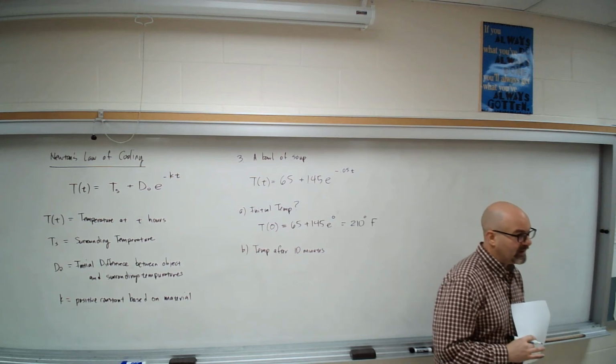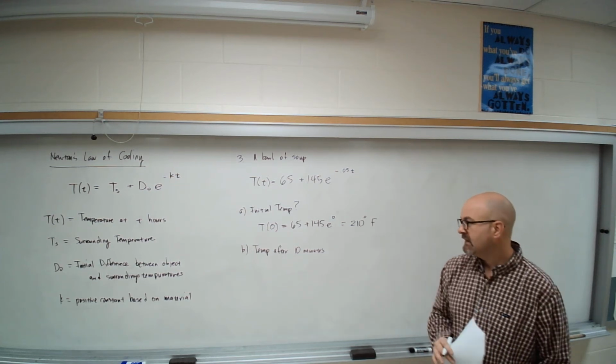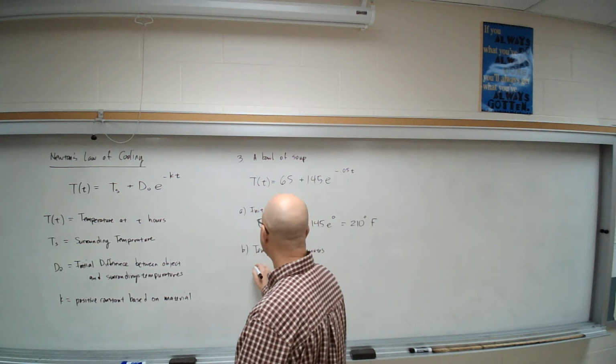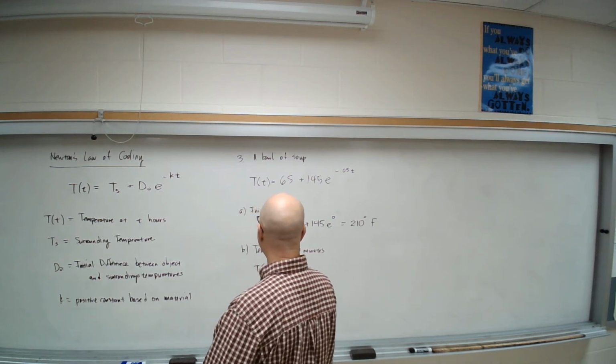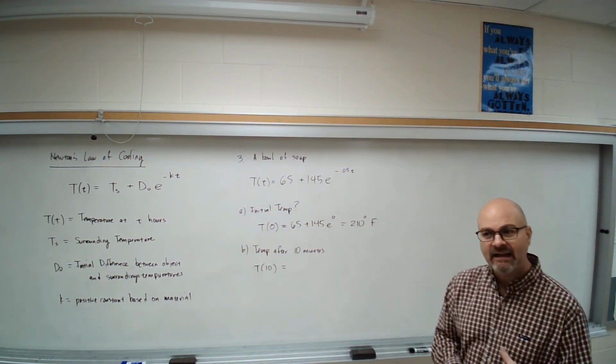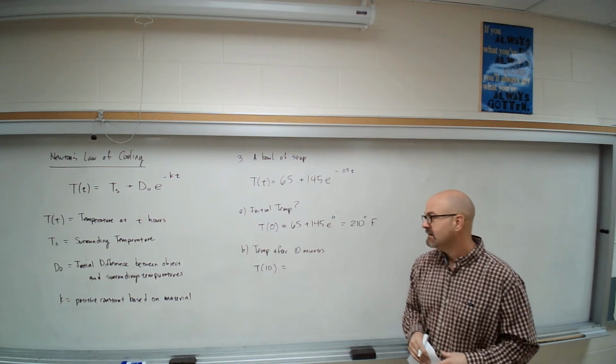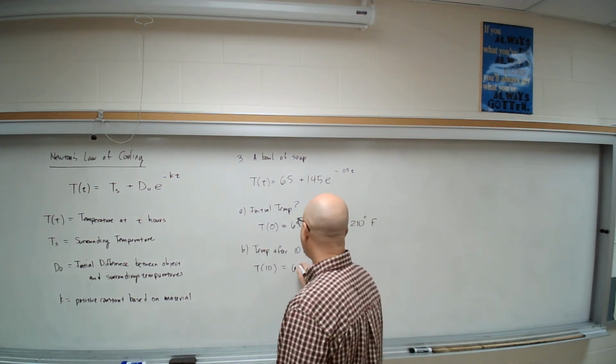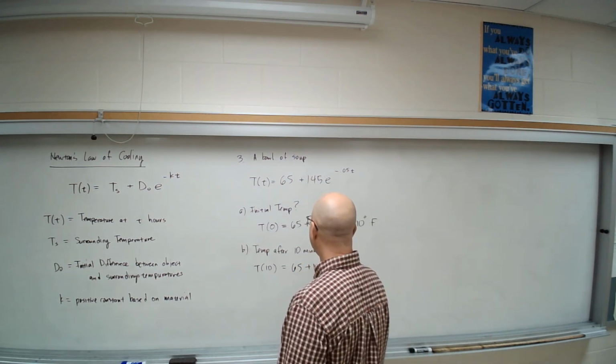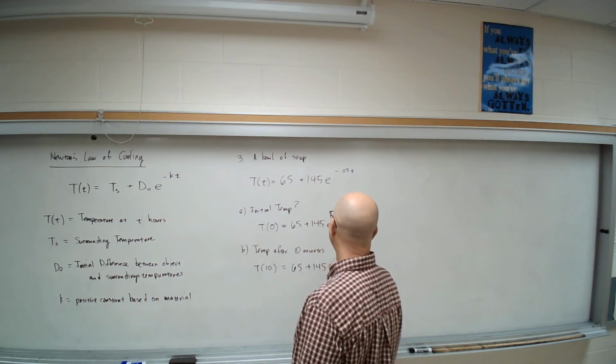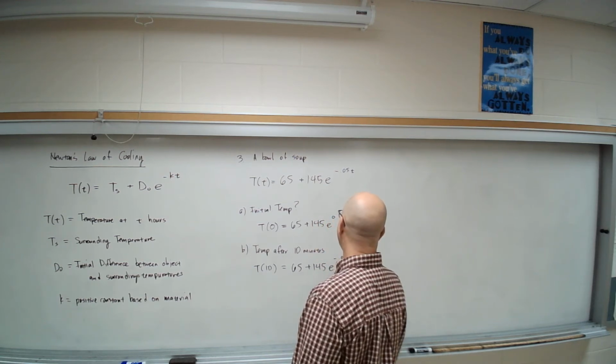We good there? So, all right, temperature after 10 minutes. So that would be T of 10. Right, we're going to put a 10 in everywhere there's a small t. So 65 plus 145 e to the negative 0.05 times 10.